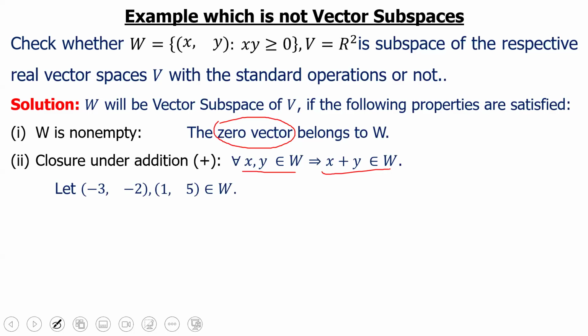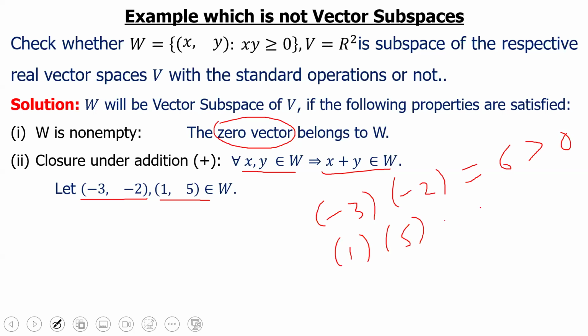Let us take two elements (-3, -2) and (1, 5). Because -3 times -2 is equal to 6, which is greater than 0. Similarly, 1 times 5 is equal to 5, which is also greater than 0.